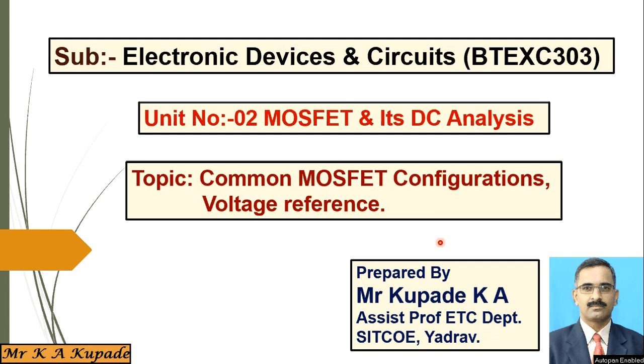In that, I explained that M1 and M2 have the current IQ, that is equal to the I reference current, right? This I reference current is flowing through the M3 and M4 MOSFETs, and these M3 and M4 have the diode MOSFET configuration, right?